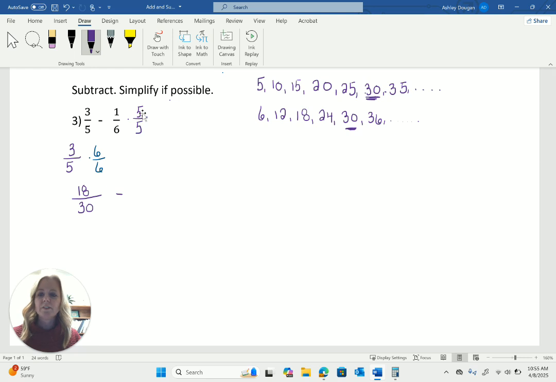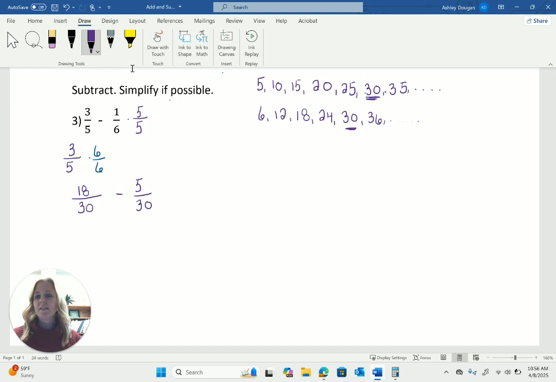And so if you didn't come to 5 right away, that may be where you need to go through your multiplication facts, go through your calculator to help you get to that number. So then we multiplied these values together. 1 times 5 is 5, and then 6 times 5 is 30.